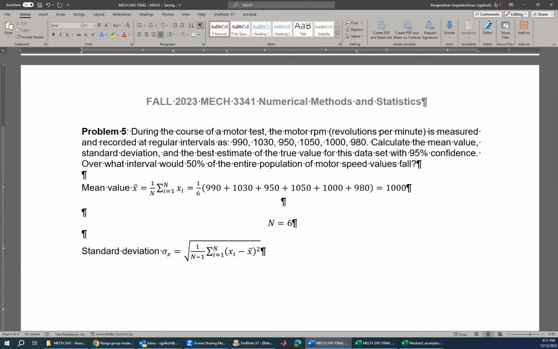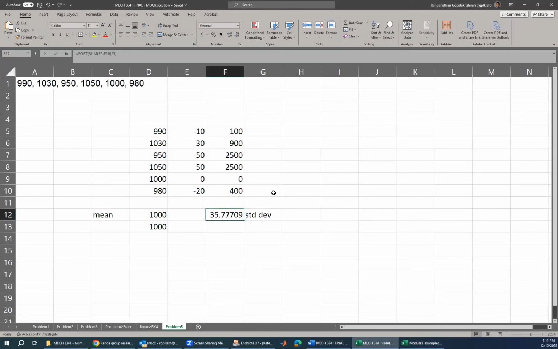This is the formula I had, and using that formula, I'm getting 35.7771.